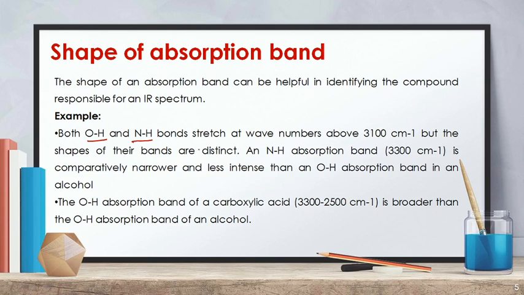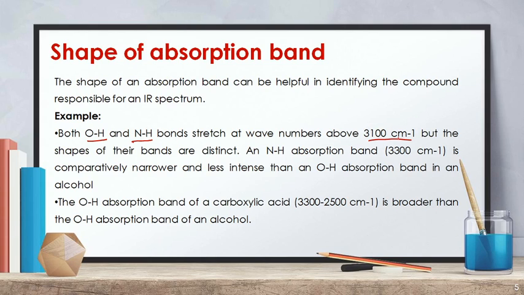If you take the compounds alcohols and amines, the OH stretching frequency, or OH vibrational frequency, and the NH vibrational frequency will show at somewhat similar wave number, which is at about 3100 centimeter inverse. Then how could we separate which one is OH and which one is NH?